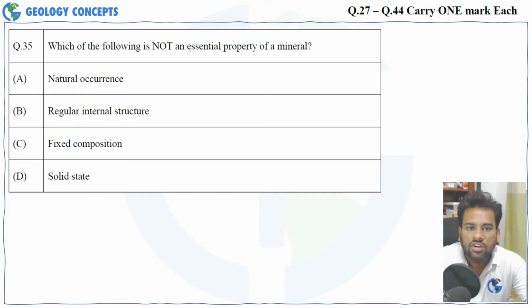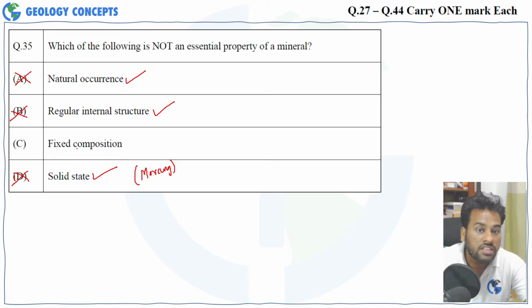Which of the following is not an essential property of the mineral? Natural occurrence is an essential property of the mineral, so this is not the correct option. Regular internal structure is also an essential property. You cannot have a mineral which does not follow a regular internal structure. Solid state is also an essential property with the exception of mercury, so this is also not the correct option. All the minerals should be solid.